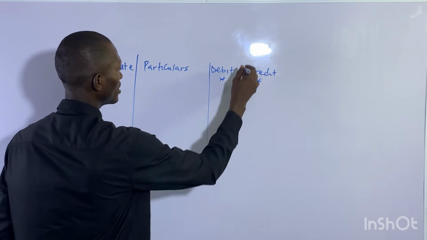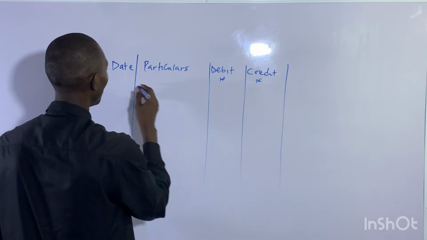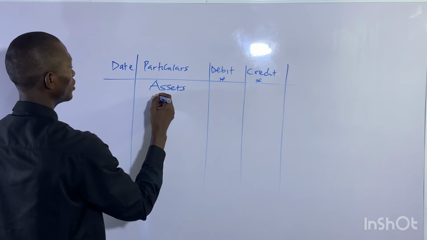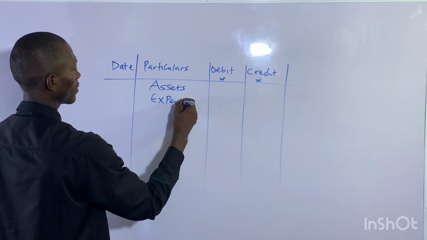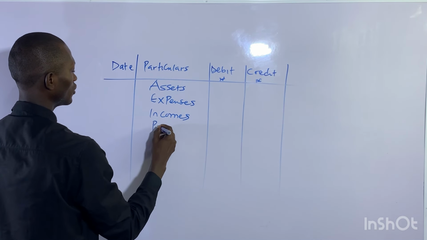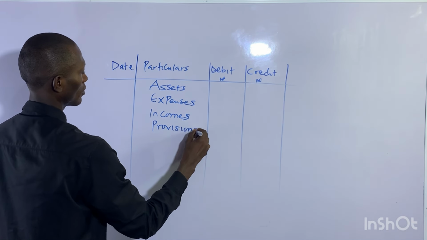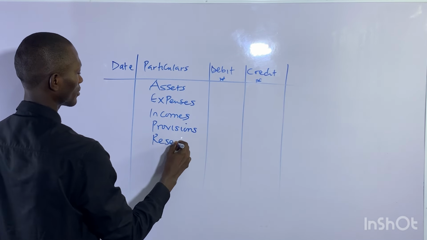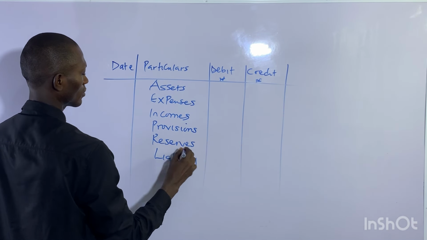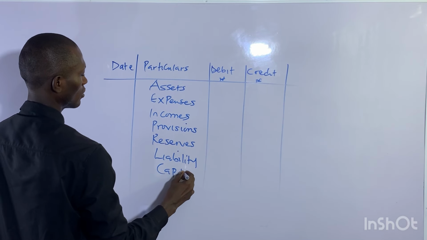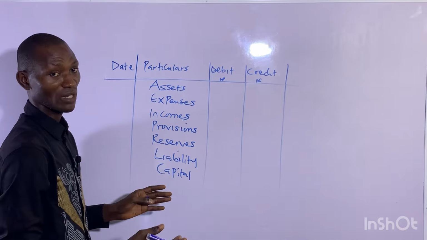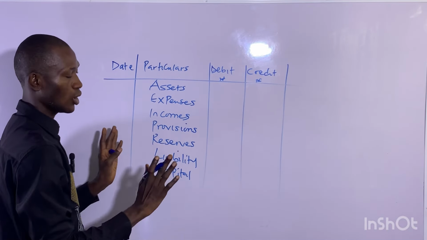So in a typical trial balance, we have assets, you have expenses, you have incomes, you have provisions, you have reserves, you have liability, you have capital. So all these are what a typical trial balance consists of.